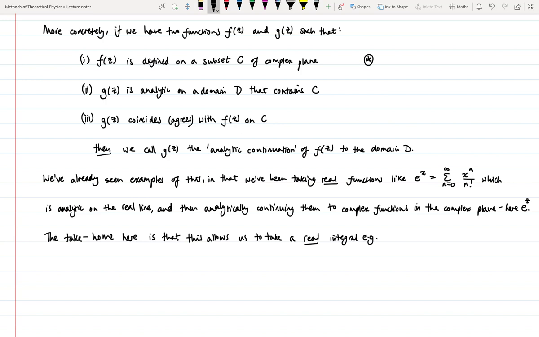For example, it might be the integral between minus infinity and infinity of a real function. And we can then consider the analytic continuation. So this would be a contour integral in the complex plane of the complex analytically continued function f of z dz.